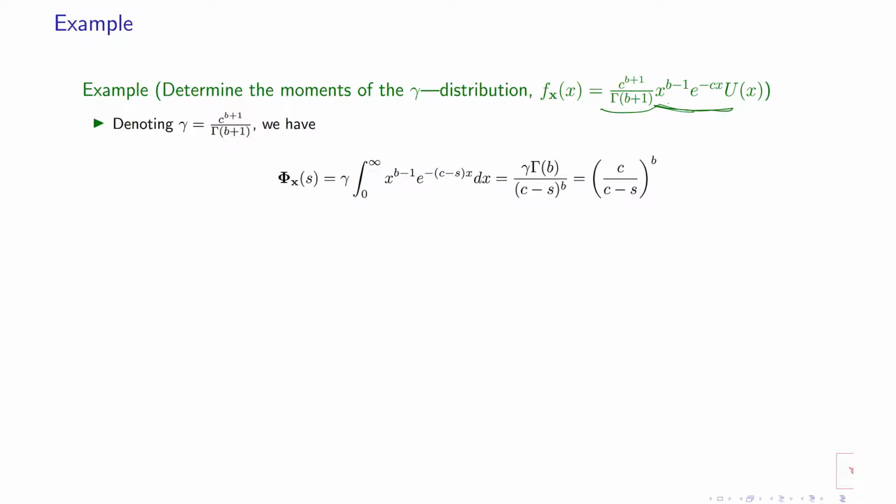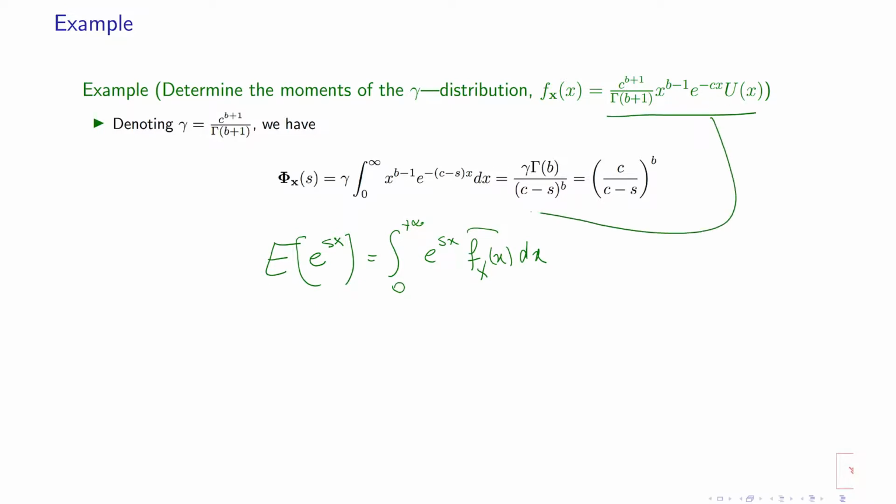So if you want to calculate phi_X(s), this is the mean of e to the power of sX, and is equal to the integral from minus infinity to plus infinity. From minus infinity to 0, your PDF is 0, so I start from 0 to plus infinity of e to the power of sx times f_X(x) dx.